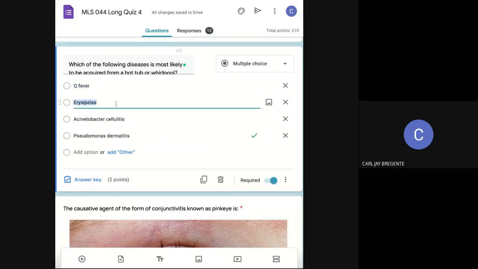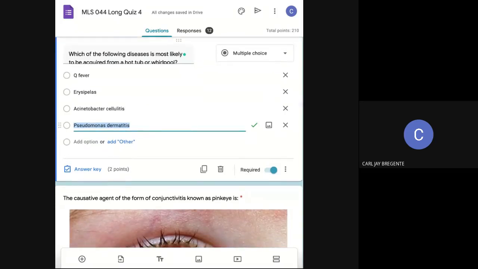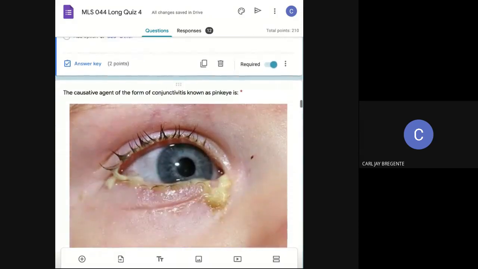Erysipelas is a skin infection, and the causative agents are Staphylococcus and Streptococcus. Acinetobacter cellulitis is not. Pseudomonas dermatitis is possible from water sources, because Pseudomonas is the significant organism present in contaminated waters.